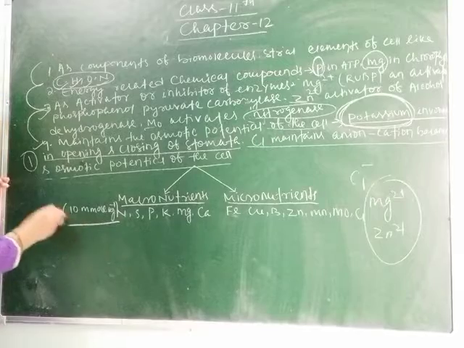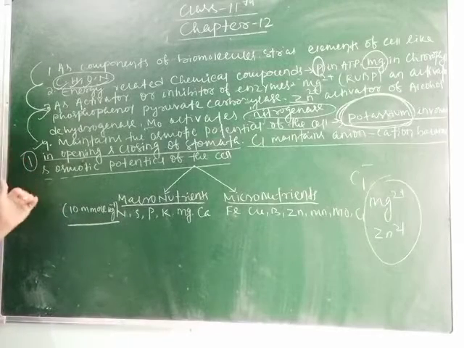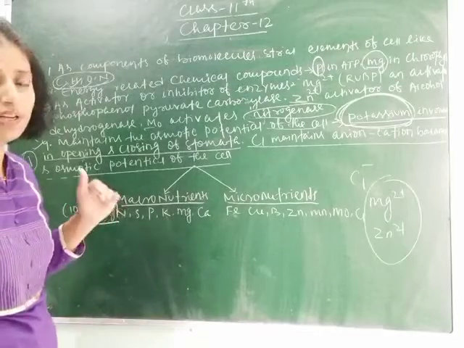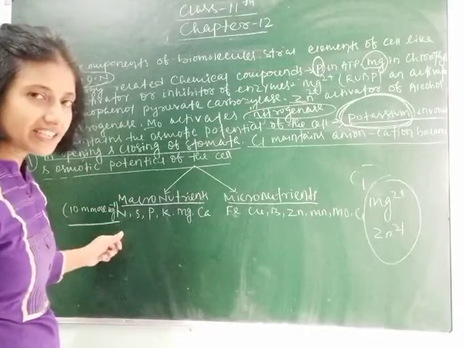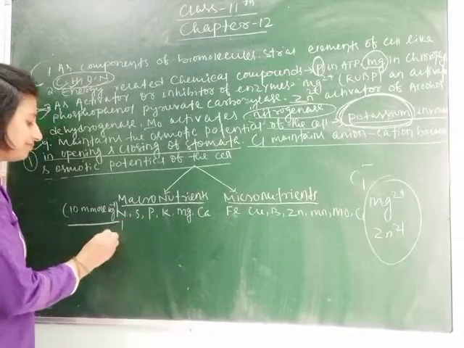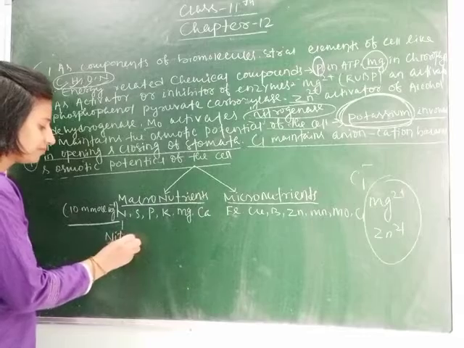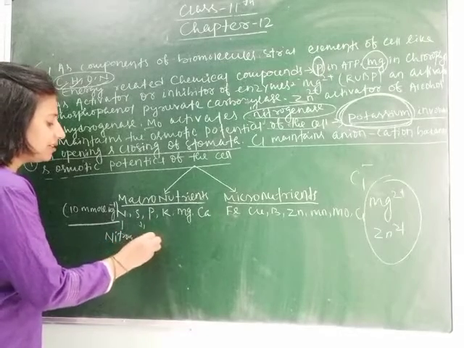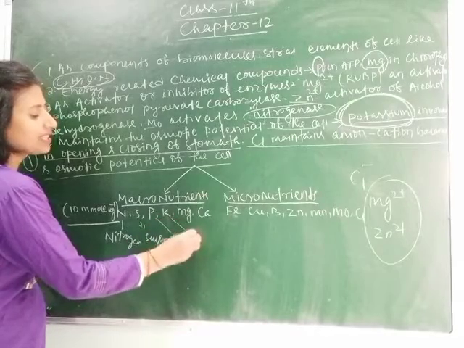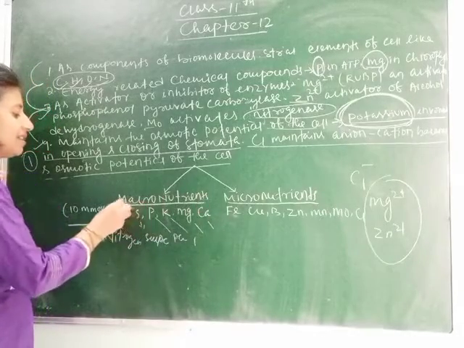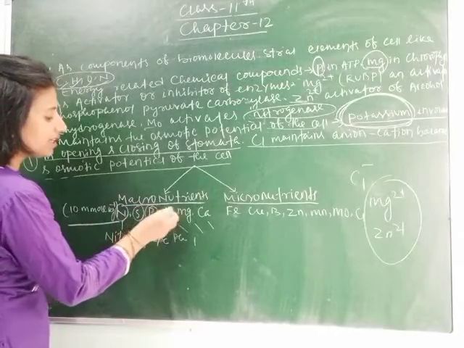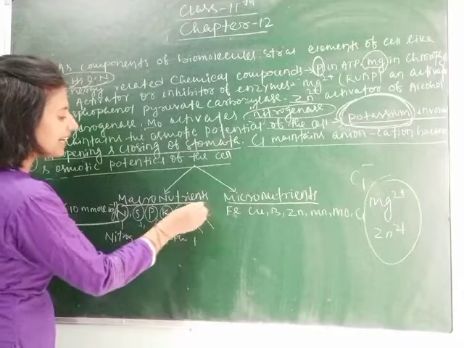Clear, students? Macronutrients are required by the plants in amounts more than 10 millimole per kg. We already discussed. And what are the macronutrients? They are nitrogen, sulfur, phosphorus, potassium, magnesium and calcium.